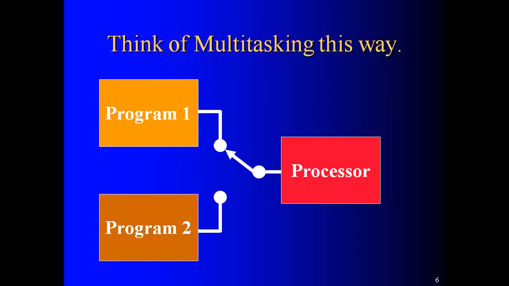At a time we are handling one program, but the whole thing is happening so fast that we are not able to perceive the deep hardware or software architecture used to create that kind of environment. This is the basic definition of multitasking and how it works. So let's go to the next slide.